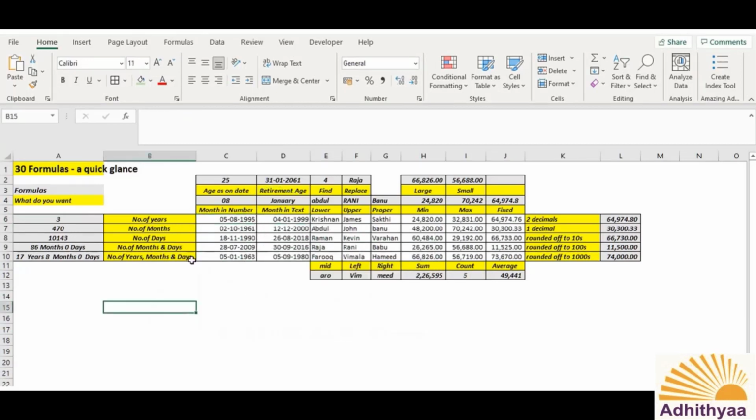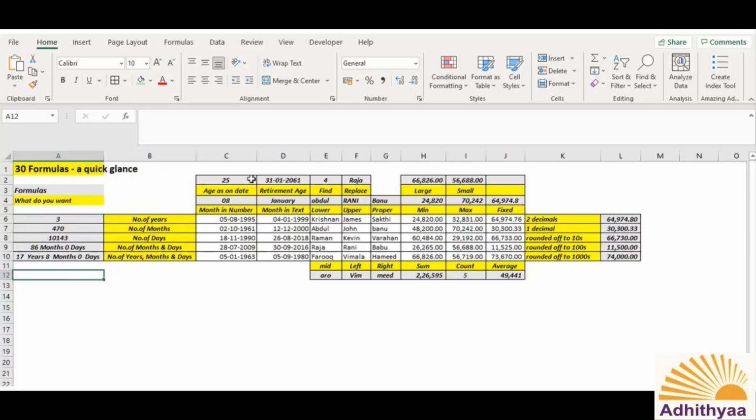Between 5/8/1995 and 4/1/1999, I want to find out the number of years, for which the formula is DATEDIF, open bracket, C6 is the first cell, and D6 is the second cell, comma, Y for number of years. This is the first formula, right?